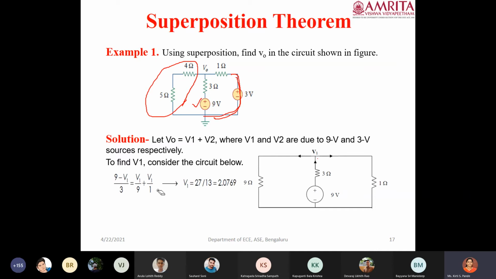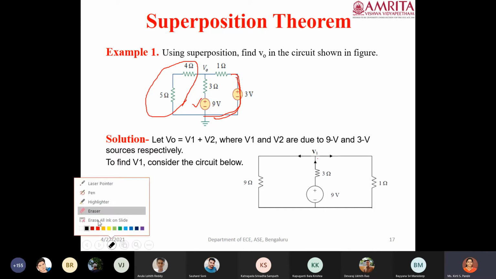So I am using nodal analysis. All of you please use nodal analysis for this circuit and find out. Apply nodal analysis for this. Yesterday only the exam got over, so you should be able to apply nodal analysis. How is the current flowing here? I consider this as the reference node.